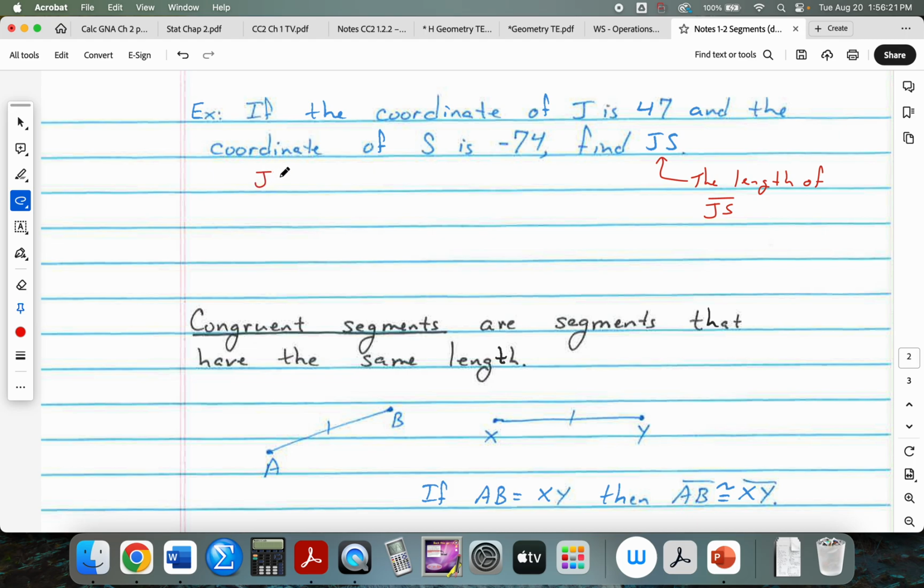So the length of JS is going to be 47 minus negative 74, which is the same thing as 47 plus 74. So let's see, 47 plus 74, that's 11. We'll carry the 1, and that'll be 12. It's 121.